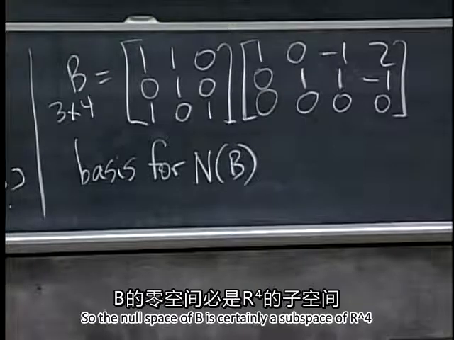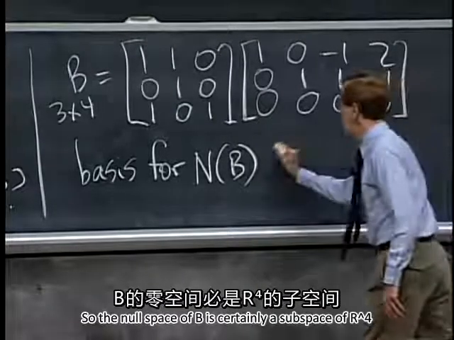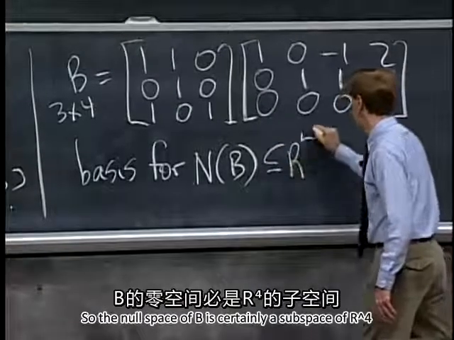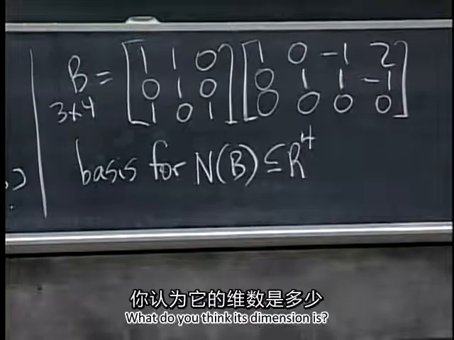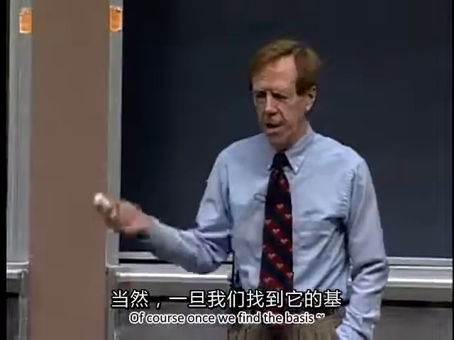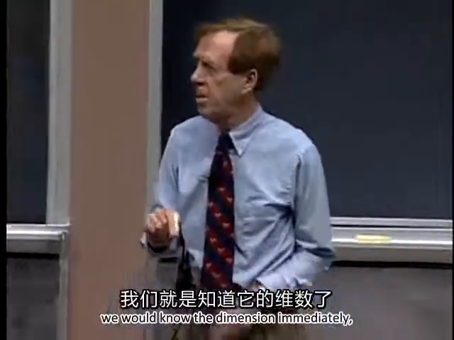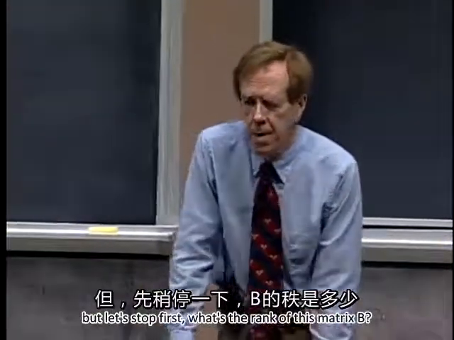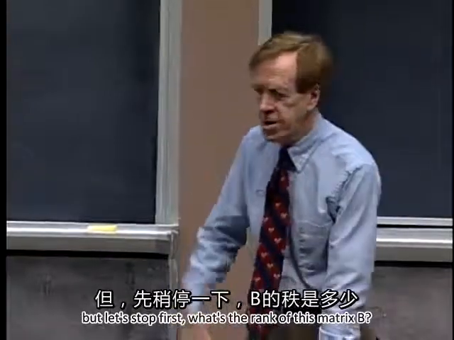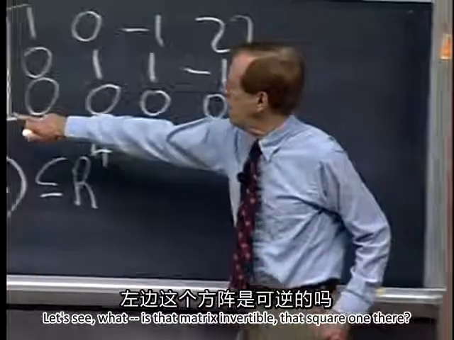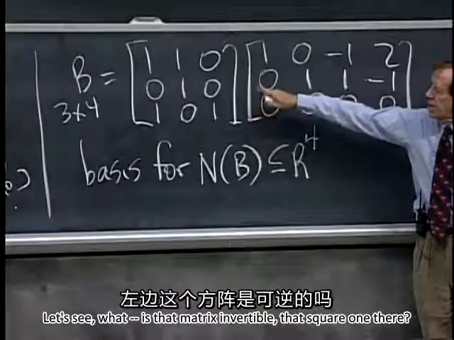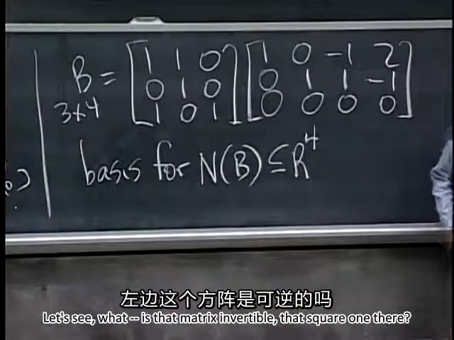The null space of B is certainly a subspace of R4. What do you think its dimension is? Of course, once we find a basis, we would know the dimension immediately, but let's stop first. What's the rank of this matrix B? Let's see. Is that square matrix there invertible?